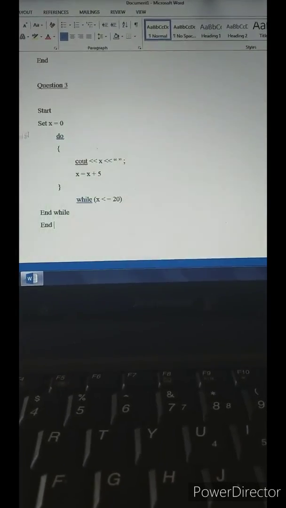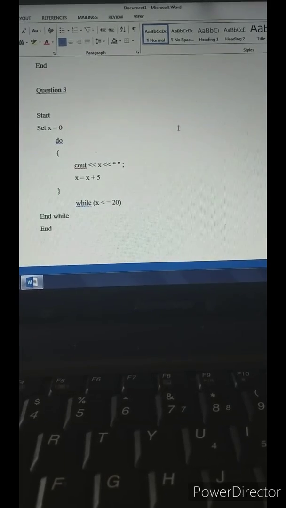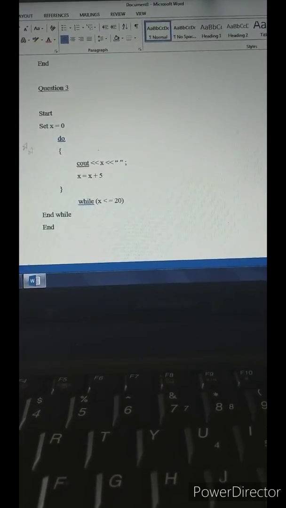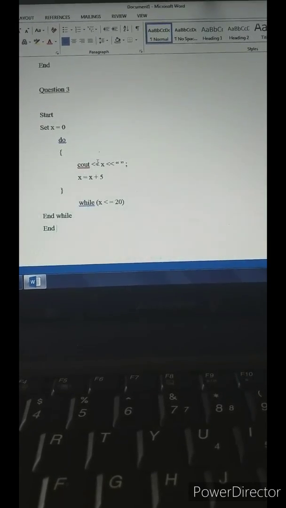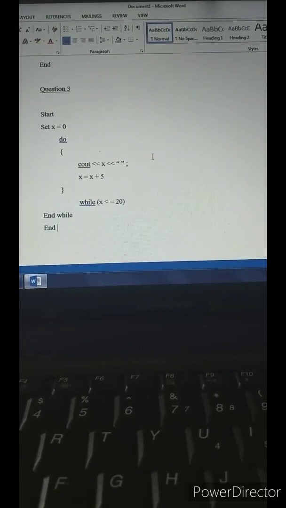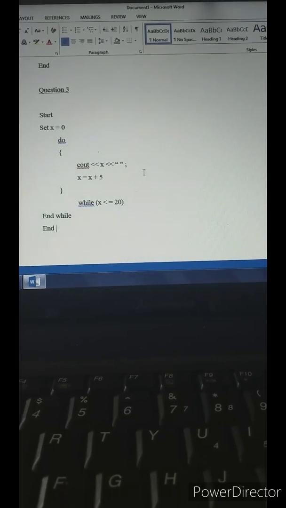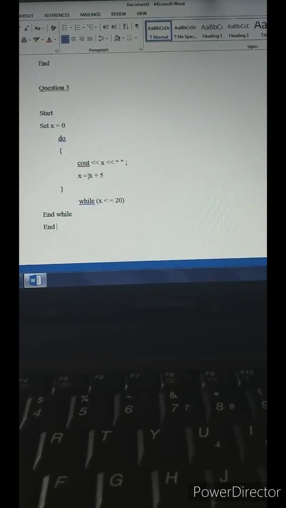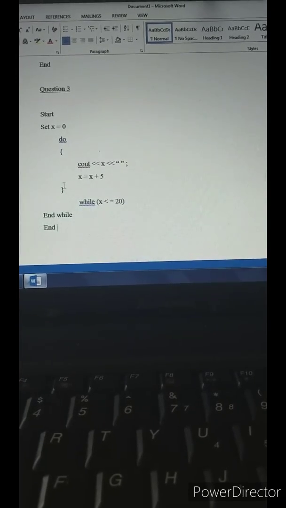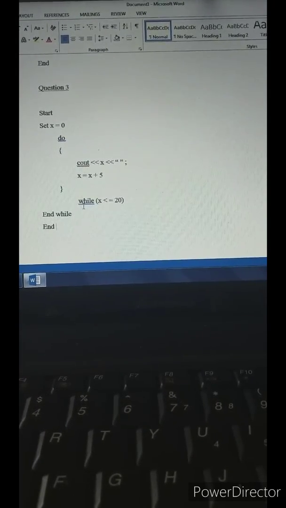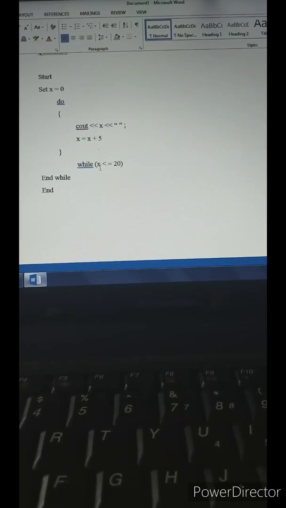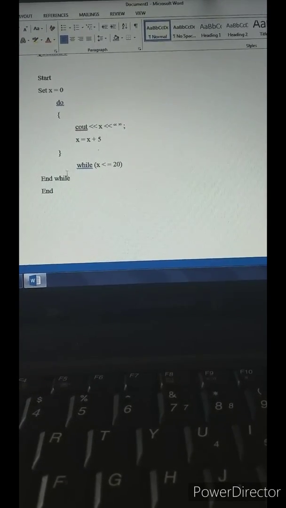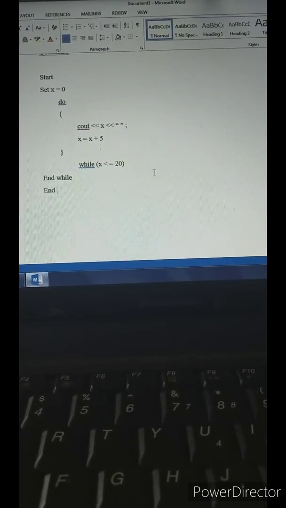So start and then set x equals to 0, and then do. Then the programming opens, cout x in the middle, the symbol, right? And then x equals x plus 5, then close bracket. Down there, while x is lower than or equal to 20.